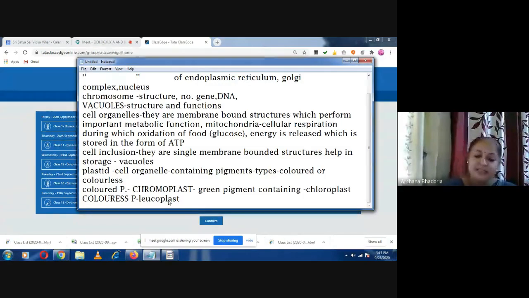Okay, if there is starch in those particular plastids inside the potato cell, don't just say potato alone, say the plastids present in the potato will be the leucoplast, which will store what? The starch. Understood everyone now?